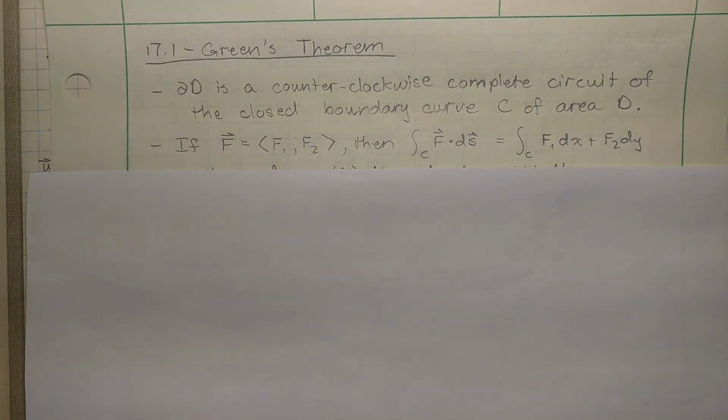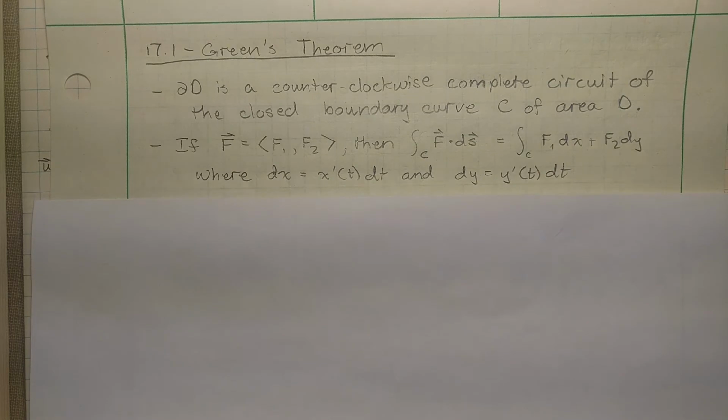Then if I want to take the integral over a parameterized curve C of the vector field dot ds, another way to express that is the integral over the curve C of our x component dx plus our y component dy. We do have to consider that dx is the derivative of our parameterized x component dt, and dy is the derivative of the parameterized y component dt.